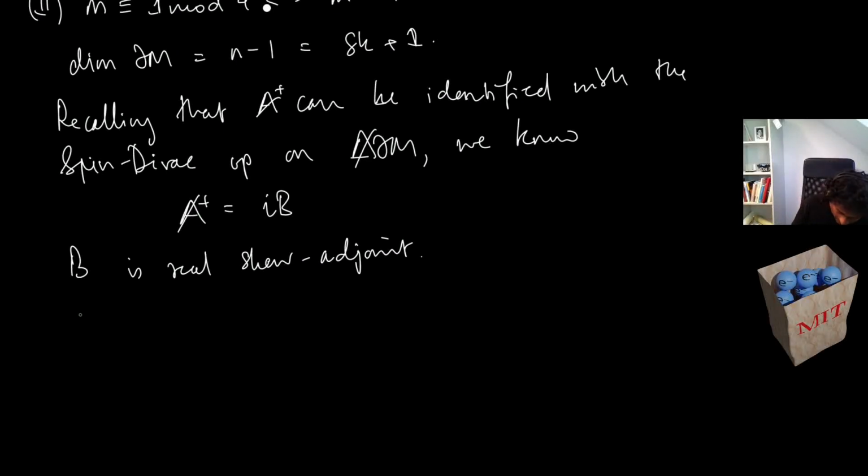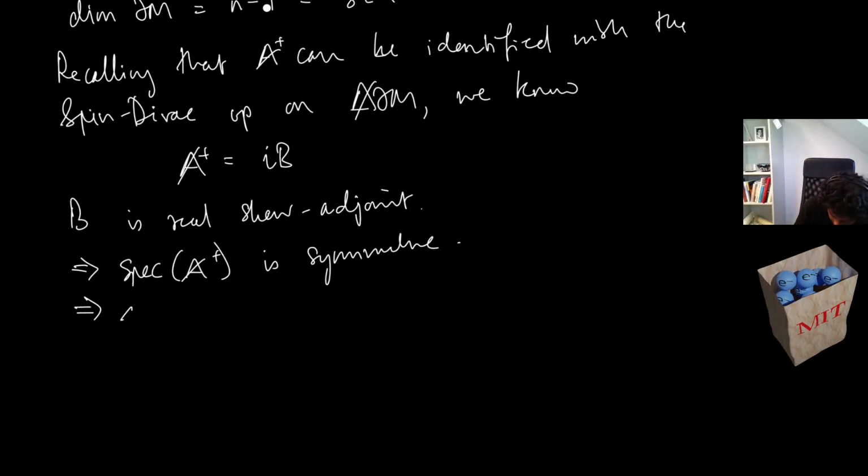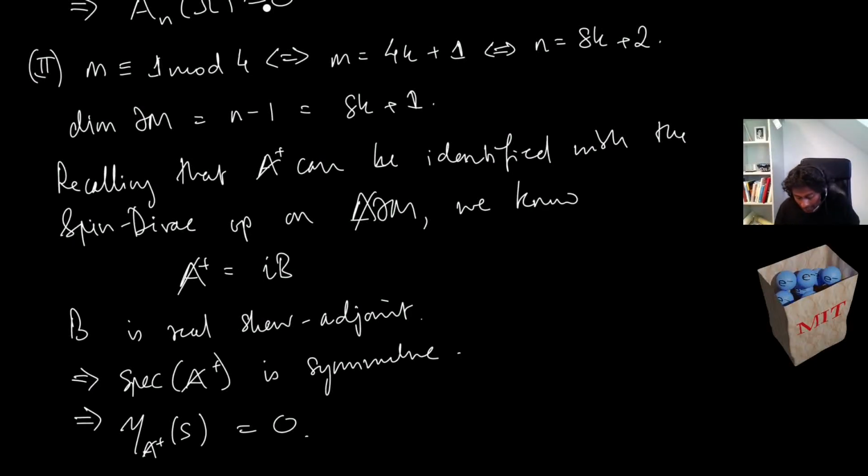And that's enough to guarantee that the spectrum of A plus is symmetric, and that forces the eta invariant to vanish.